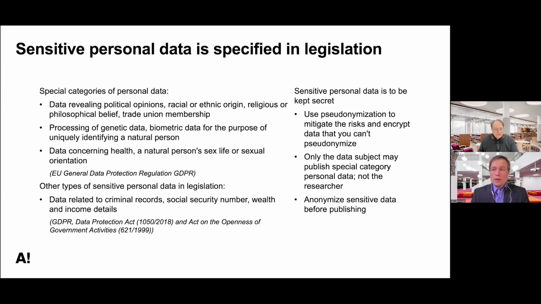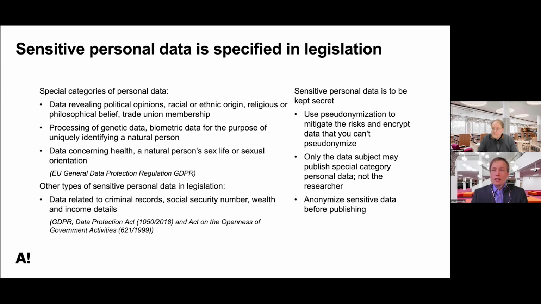Also, Finnish legislation has some other data that has a special interest or focus and has been labeled sensitive, such as data related to criminal records, wealth and income details, and typically the social security number, which should be kept very restricted and limited in use, and safe if it's ever needed.